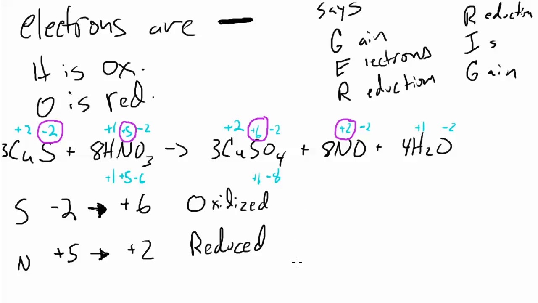So whatever gets reduced caused the other element to be oxidized, so it's often called the oxidizing agent. Right? And so you could probably see where this is going. Because the element that was oxidized caused the other element to be reduced, the element that was oxidized is called the reducing agent.